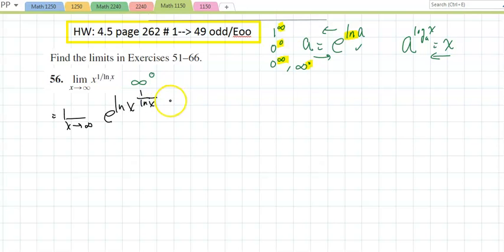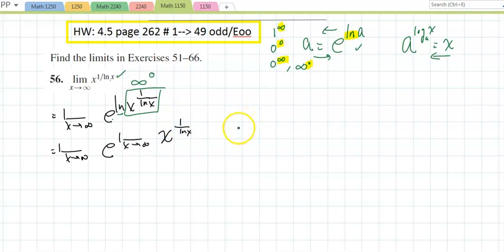Kind of odd to see too many logs, but if you think about it, if we take that as a power, the base of this log and the base of this exponential match, they undo each other, and you're left with this. And now we say this is the limit as x approaches infinity of e to the limit as x approaches infinity of x to the 1 over natural log of x.